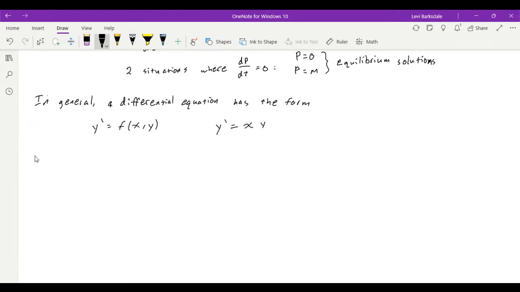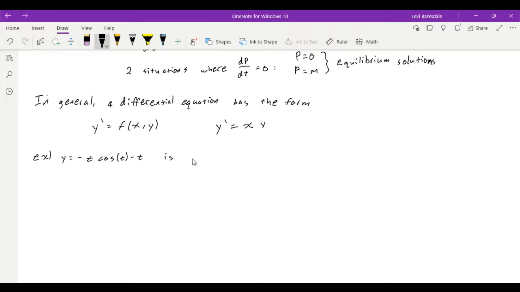Now let's go ahead and take another look. So, apologies. Let's do a quick example. Suppose we have this function y is equal to negative t cosine of t minus t.